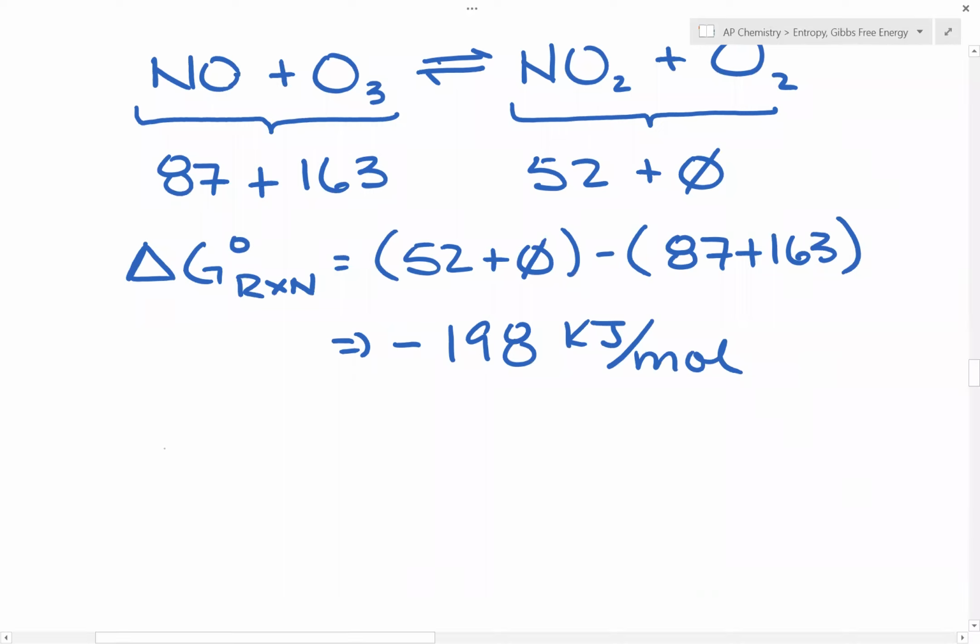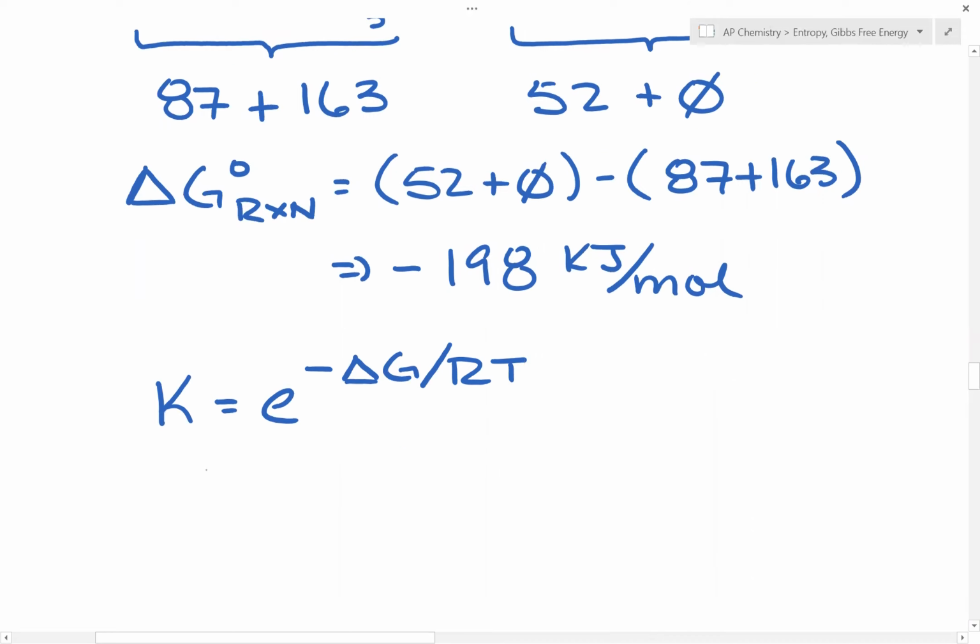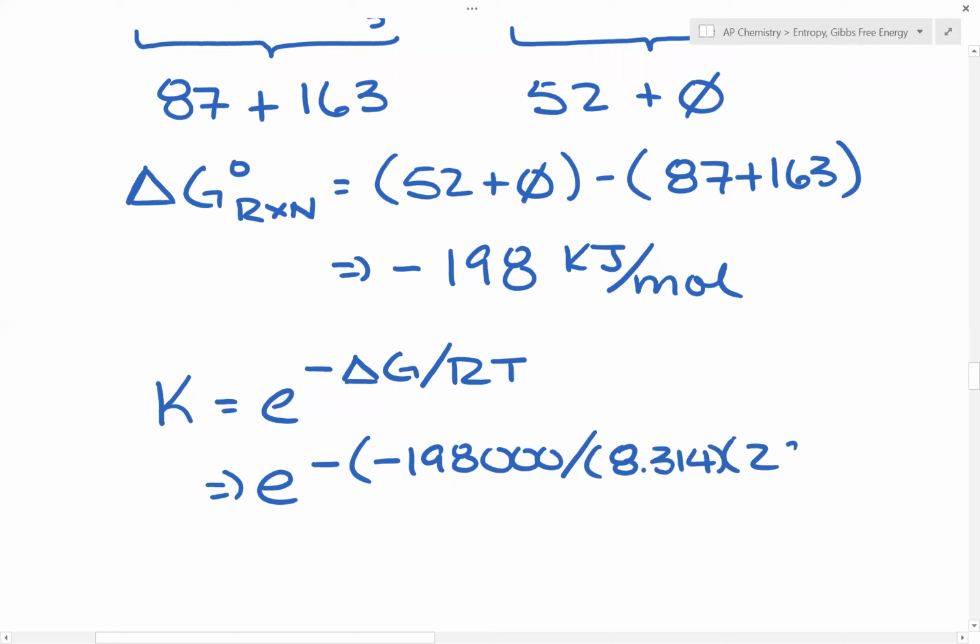Now to calculate K, we would go K is equal to e to the negative delta G divided by RT. And so what we have to do is this would be e to the negative 198,000 divided by 8.314 times 298.